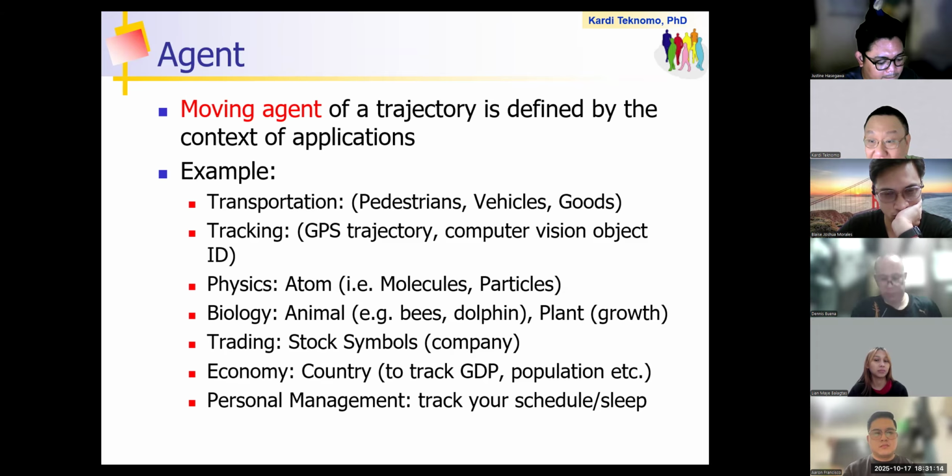Can you see that now? The space is not necessarily physical space like the 3D space that you have, but can be any space. In economics, you can track the population over time in each country, each province, each city, including the GDP and so on. For personal management, we can use trajectory to track your sleeping schedule, your working schedule, and so on.